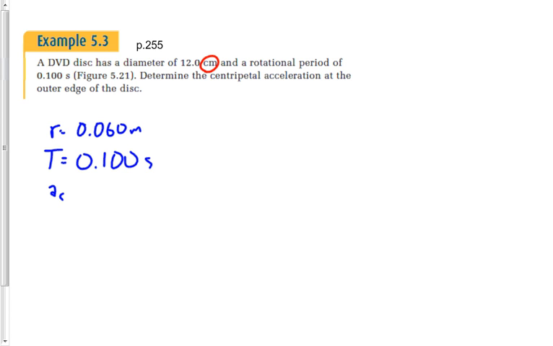What's the acceleration at the outer edge of the disk? Well, acceleration is delta V over delta T, but that's not very helpful to me right now. Acceleration in the context of circular motion is V squared over R. That's much more helpful. The only problem is I don't know what V is. So let's find it.